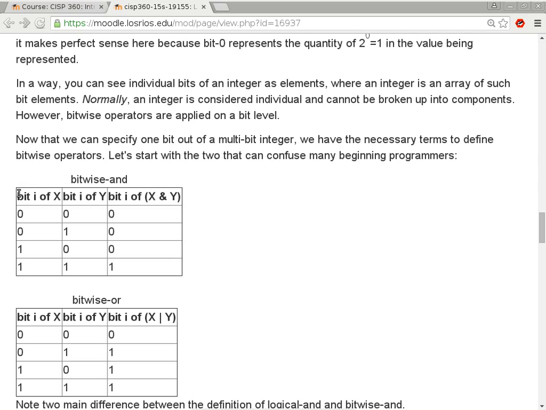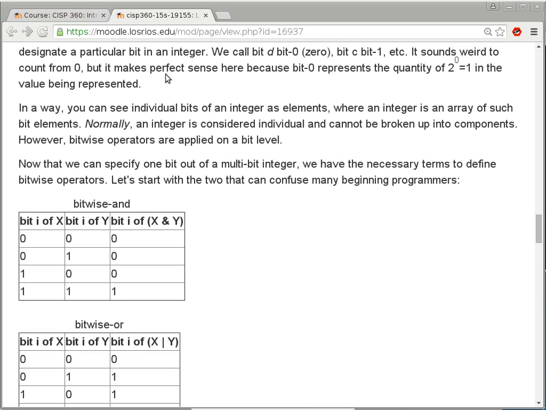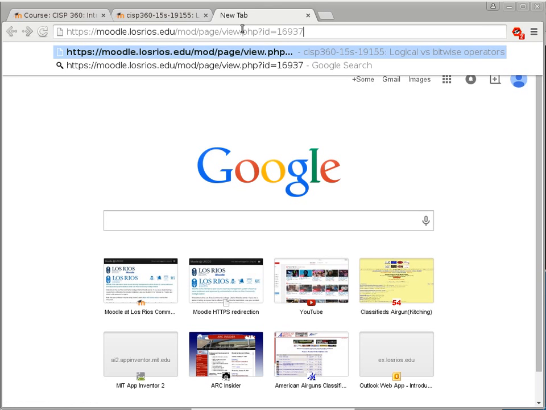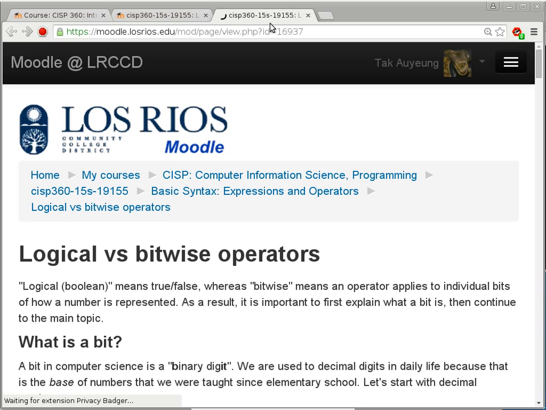You can see that this table for bitwise AND is about the same as the other table for logical AND. There are several differences. Let me display this side by side with another tab, because I want to show you side by side what they look like.